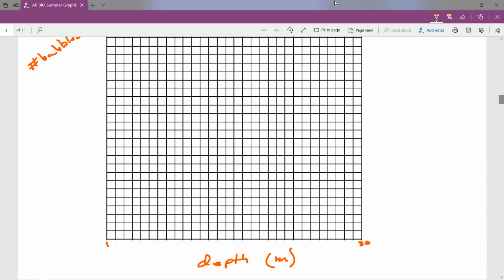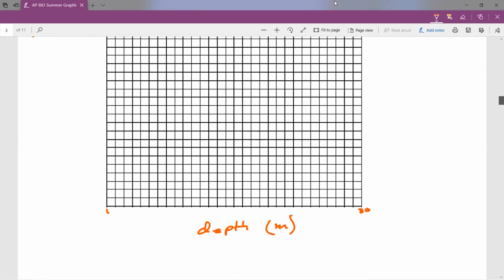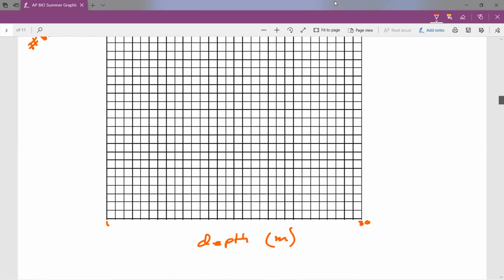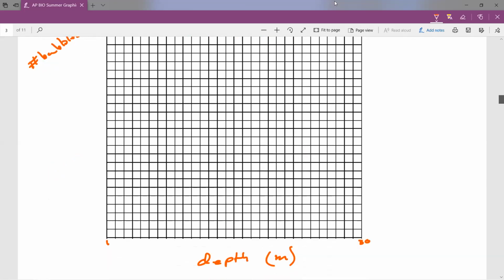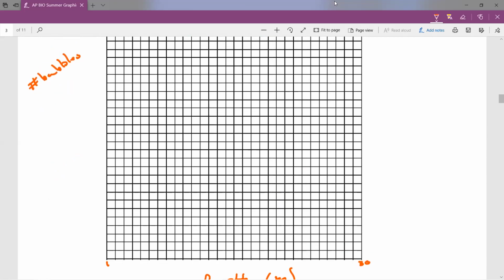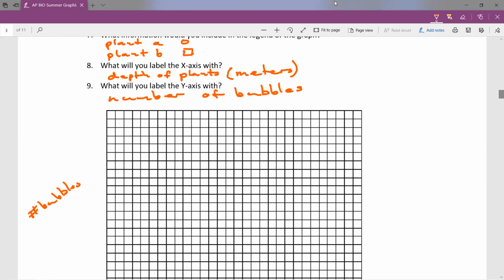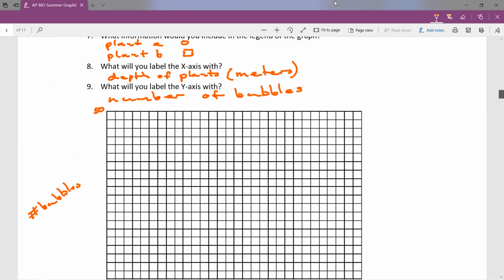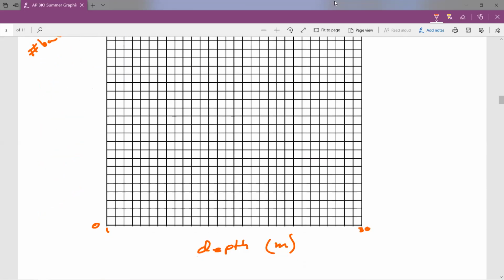So we've got 10 to 50. I'm just going to guess there should be 50 squares there. I better count. I'm going to go 0 to 50. 1, 2, 3, 4, 5, 6, 7, 8, 9, 10.